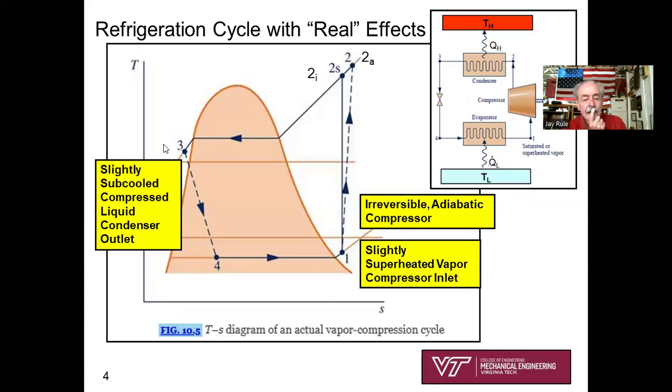We remember that in the compressed liquid phase, we can look up the enthalpy H. It's a strong function of temperature only. So we don't have to go to separate tables. We would simply go to our saturation table and look up H sub F at T3.